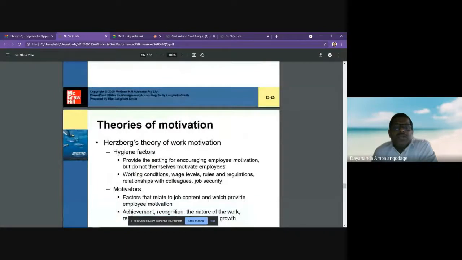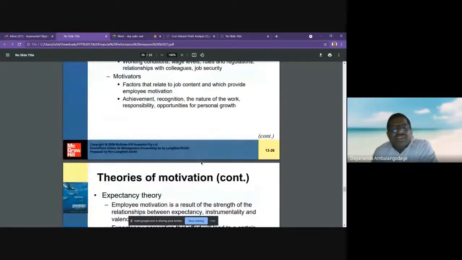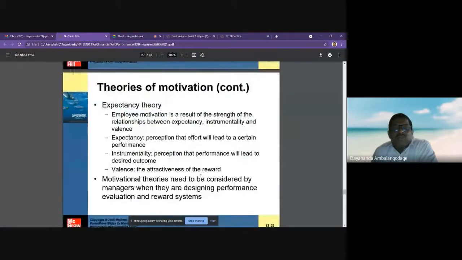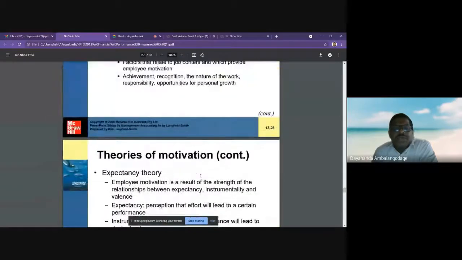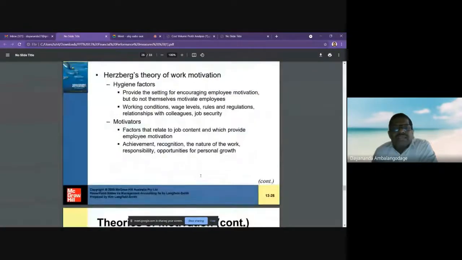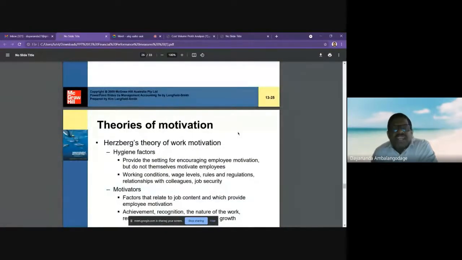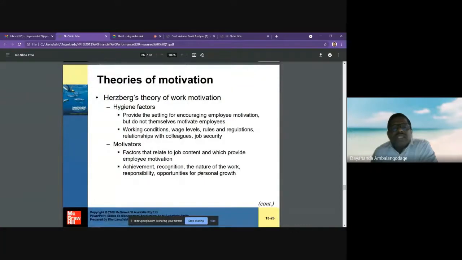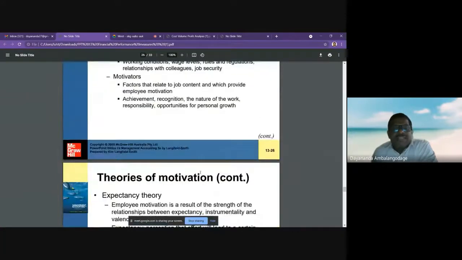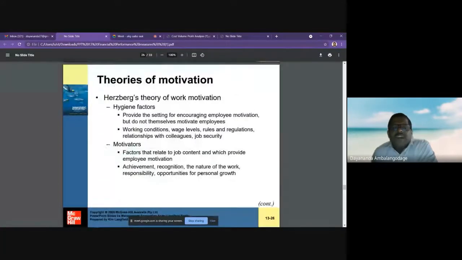Theories of motivation, there are different theories, but I don't think I will discuss all the theories in this presentation, but I think two or three theories are there. Just to understand theory of motivation, so Herzberg theory of work motivation. According to Herzberg, there are two factors. One is the hygiene factor, other one is the motivation factor.